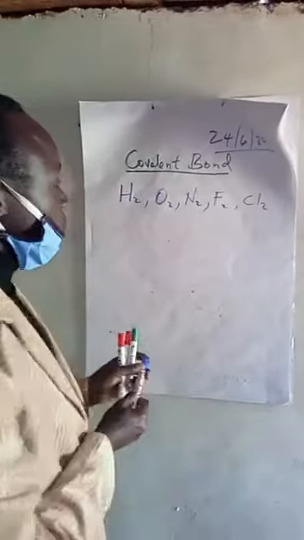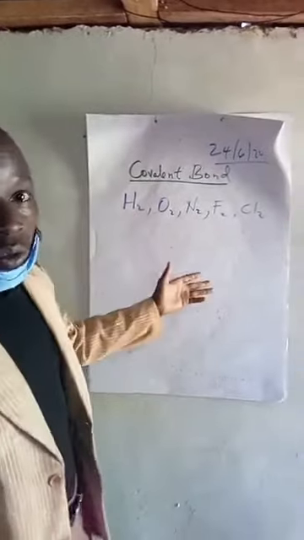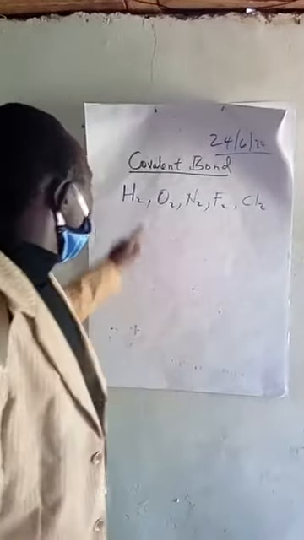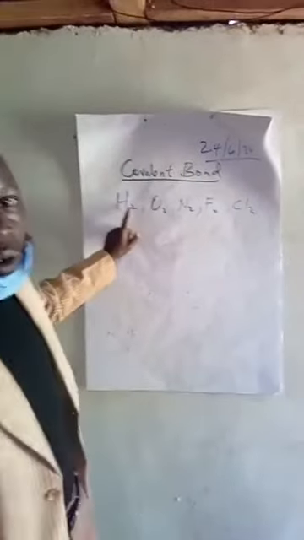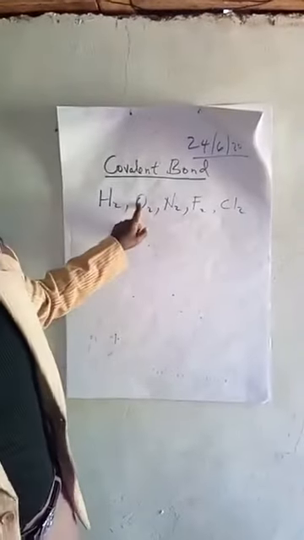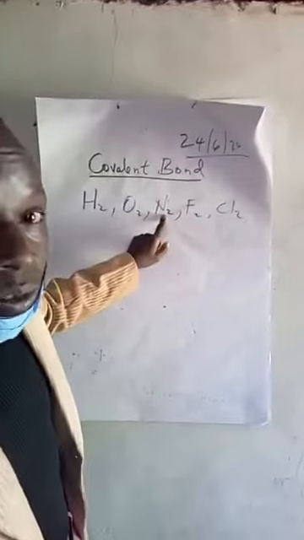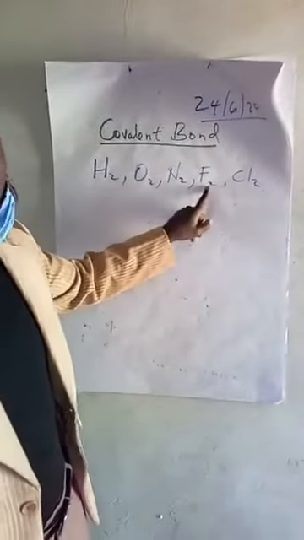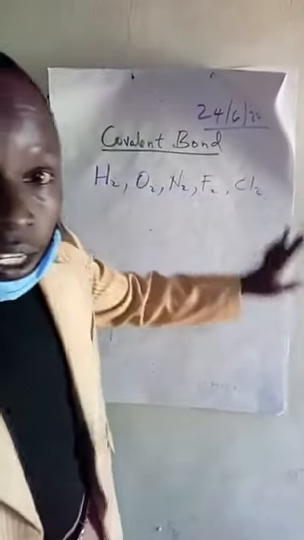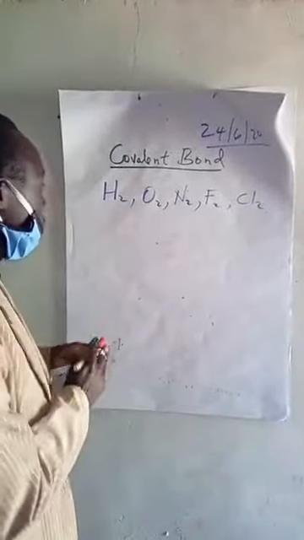Something that I need to point out clearly is that when we say hydrogen molecule, we are actually saying we have two atoms of hydrogen in this molecule. We have two atoms of oxygen in this molecule. These are two atoms of nitrogen, two atoms of fluorine, two atoms of chlorine, etc. We also have ozone, which is O3.